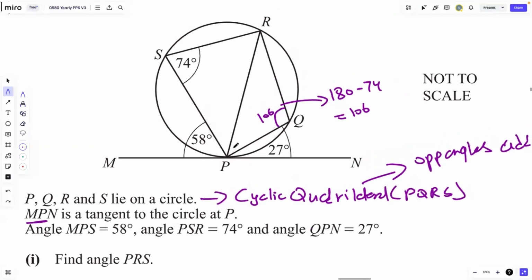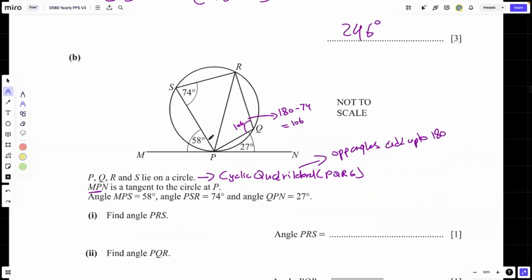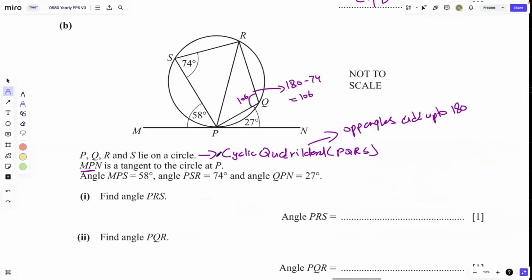We have lots of chords, because we have two triangles here. Chords are any line joining two points on the circumference. For example, PQ is a chord, RQ is a chord, SR is a chord, and SP is a chord. Those are chords, and we have MPN as the tangent.